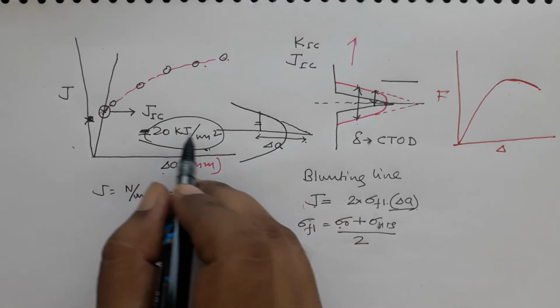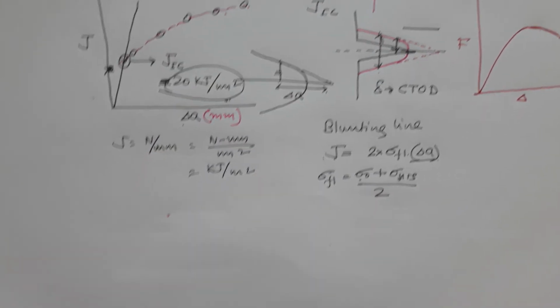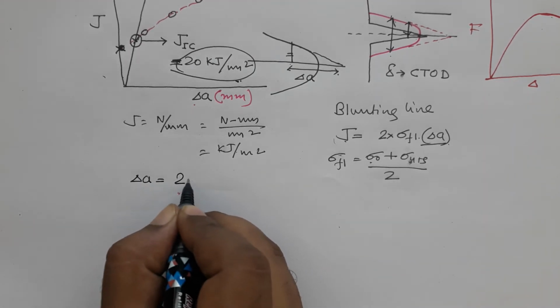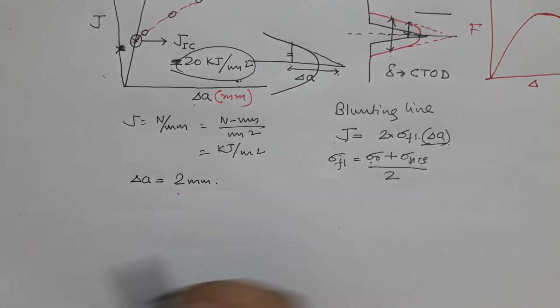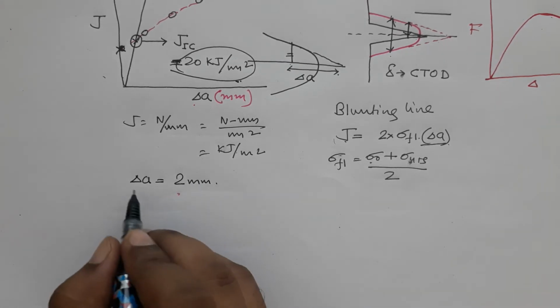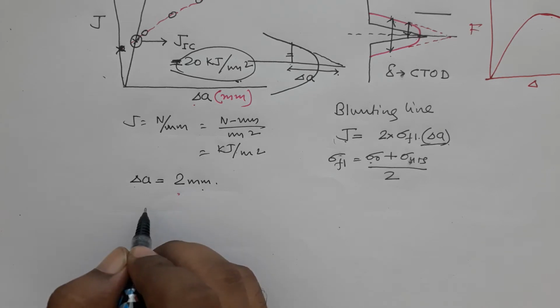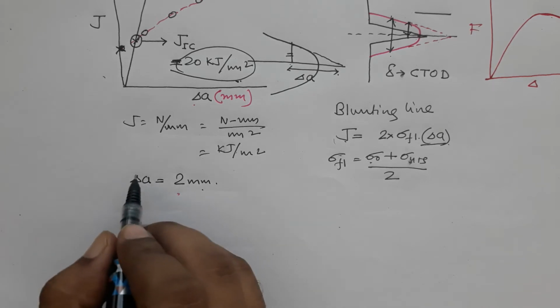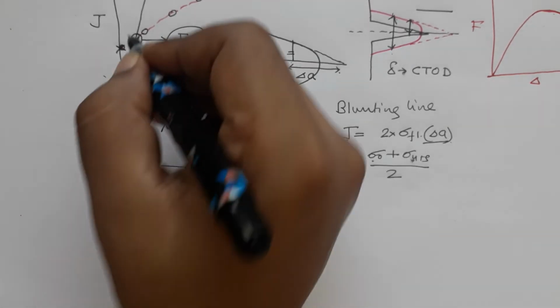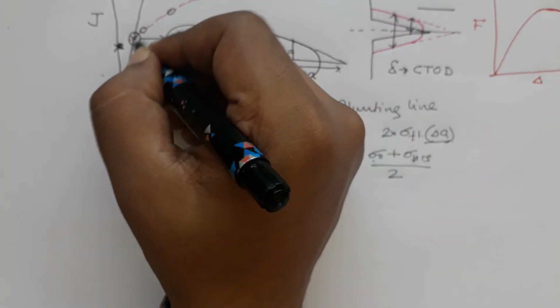So, this is what it means, and you can also do some other kind of calculation. So, if you want to know that if the crack has extended by 2 millimeters, let us say, how much energy has been taken by the material in order to have a delta A of 2 mm, for that calculation you will need more than this. You will need this equation also.